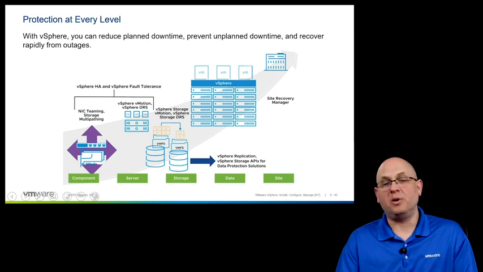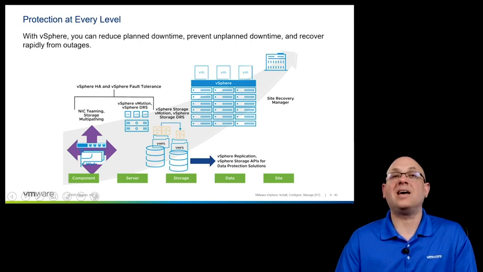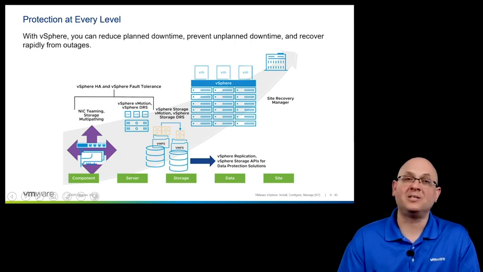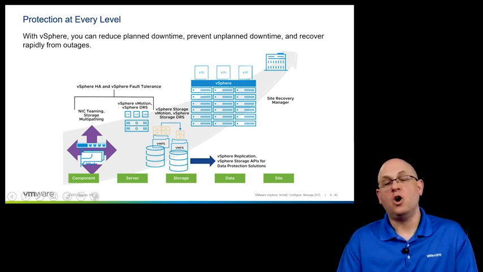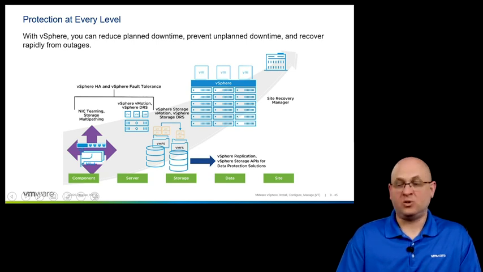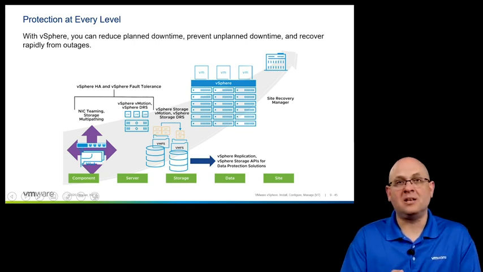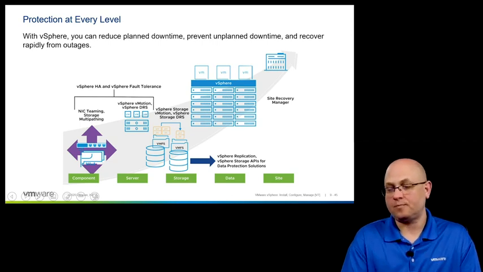NIC teaming and storage multipathing can help to add support for component failure in the environment. Things like redundant power supplies in your hardware, high quality hardware, redundant switches, configuring RAID redundancy within your storage arrays. All of those things can support failures of individual components.